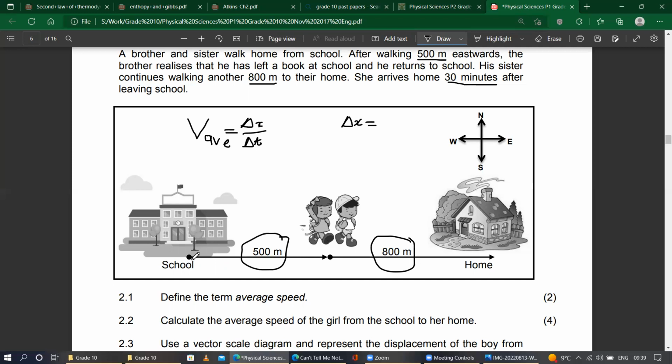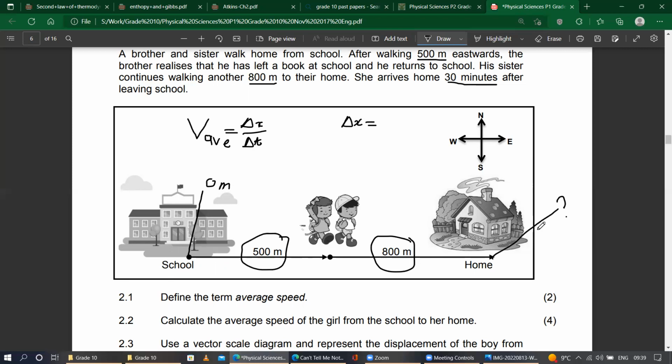So let's just say it like this. From school, that's 0 meters. That's our initial position, right? Then when you get home, that's our final position.